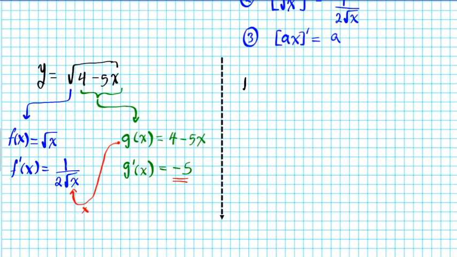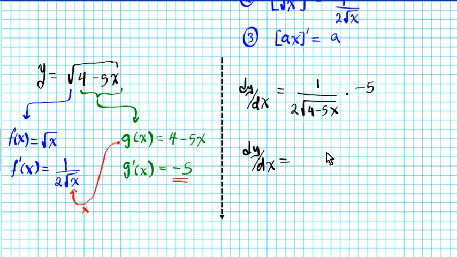In its unsimplified state, dy/dx is going to be 1 over 2 root 4 minus 5x times negative 5. Okay? If we want to refine it, make our answer look pretty, simply multiply negative 5 by 1. We have negative 5 divided by 2 times the square root of 4 minus 5x. And that is our final answer.